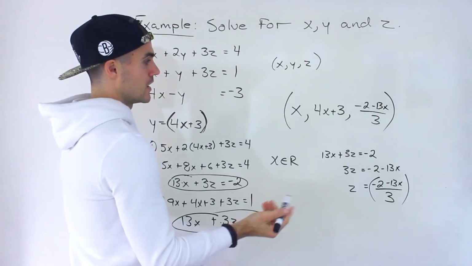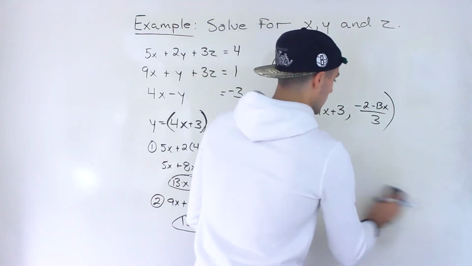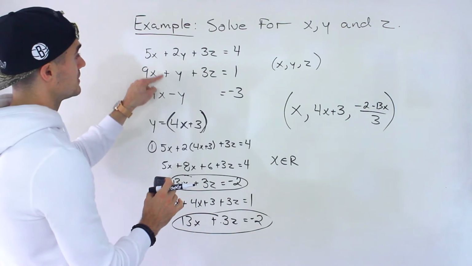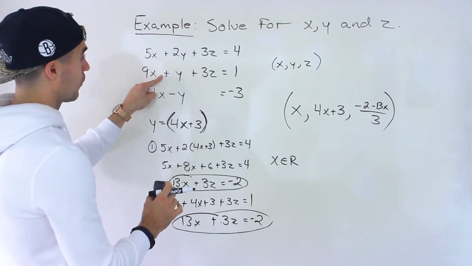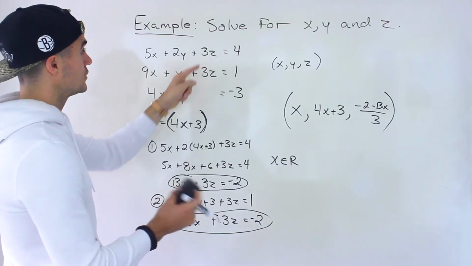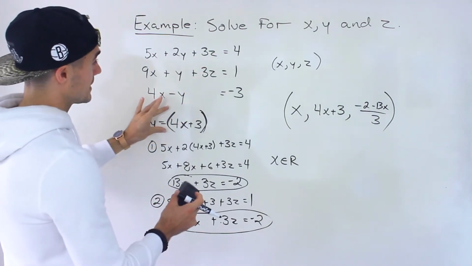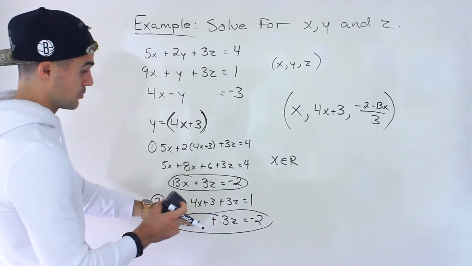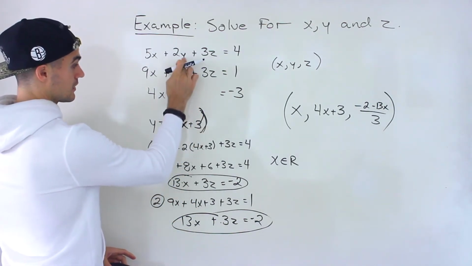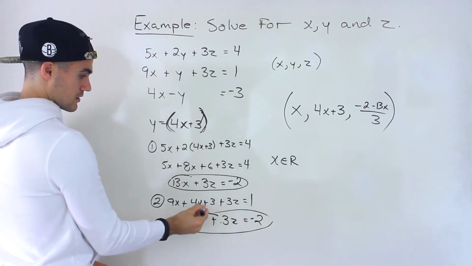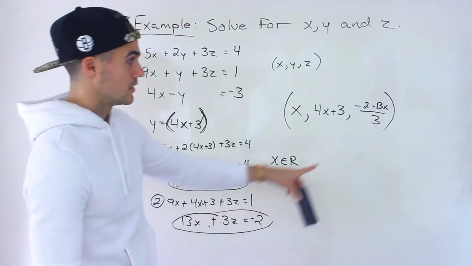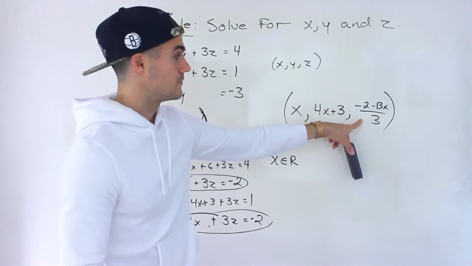But what if we did it the other way? So what if we plugged this expression for y into one of these equations here, and then isolated for the z? Well, you'd get the same thing, because that's actually what we did before to get to this point. So if you took this, plugged it into here or here, you'd end up getting to these points, and then when you isolate for the z, you'd end up getting that anyway.